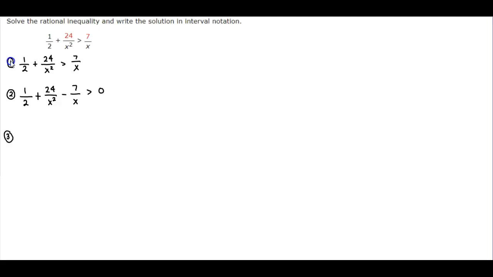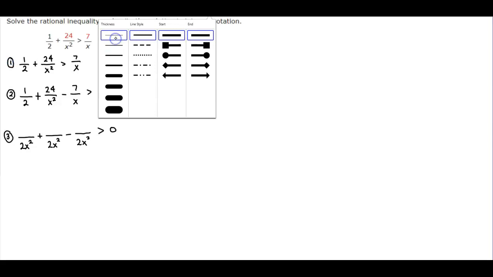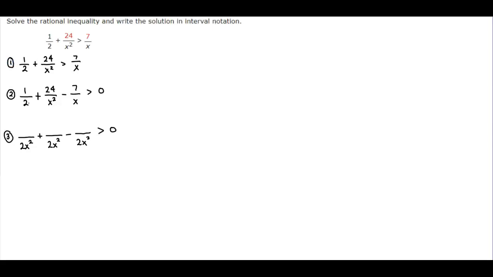Okay, now we have 3 terms on the left hand side that we need to combine into one term, so we need a least common denominator. The common denominator between 2, x squared, and x is going to be 2x squared. So our new denominator is going to be 2x squared. In our first fraction, what do we need to multiply by 2 to get 2x squared?